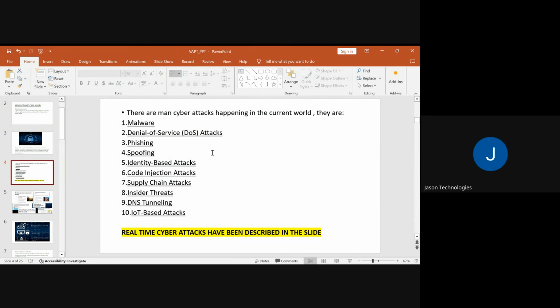Say person A is using the XYZ bank application and has entered the credit card or debit card details. The attacker doesn't get the credit card details directly, but he can gain access to that user when he performs some social engineering techniques.